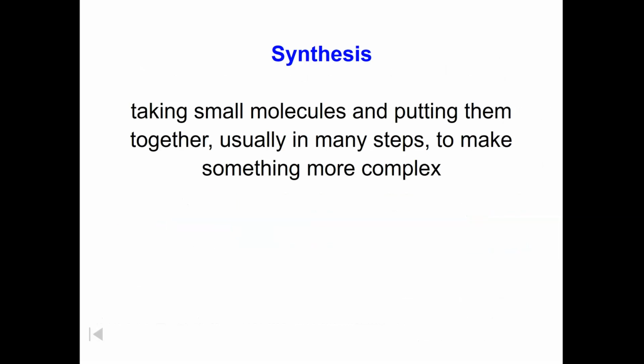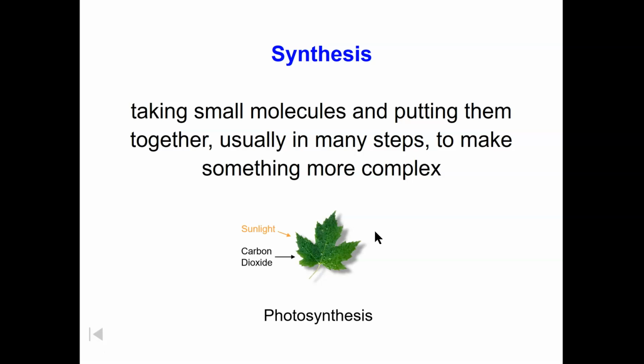So taking small molecules and putting them together, usually in many different steps to make something more complex, is what happens. For instance, photosynthesis. This is a long series of chemical reactions, but it can be summarized with the initial reactants of sunlight, carbon dioxide going into the leaves, being absorbed underneath, and water.